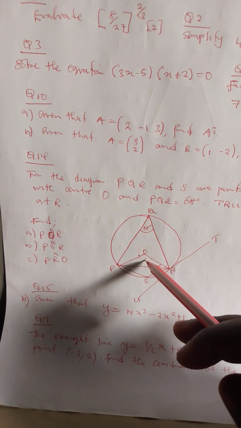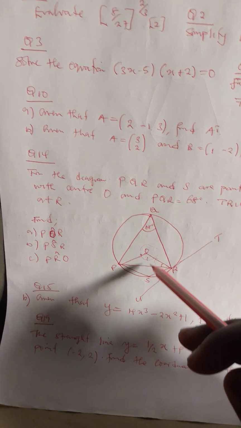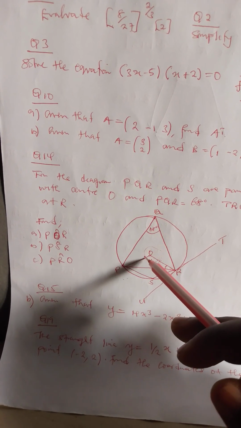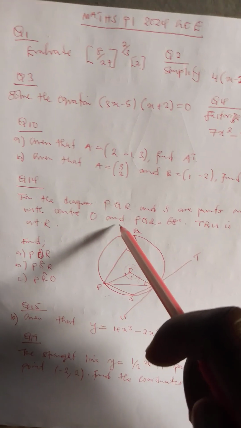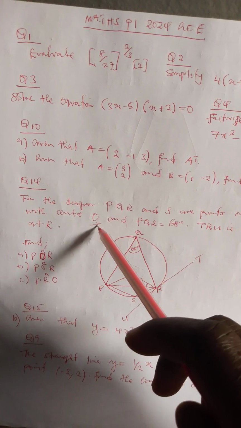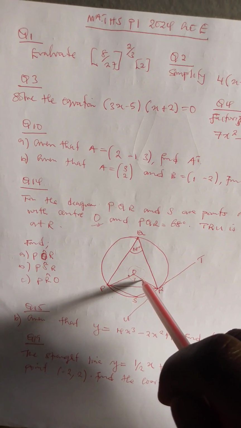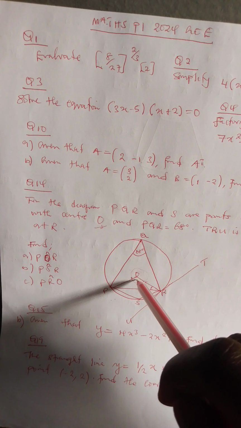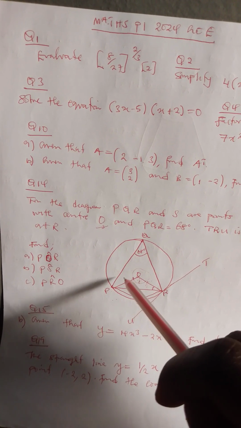I know that this one is the center, as stated in the question. So this side is equal to this side, so PO and OR are equal.